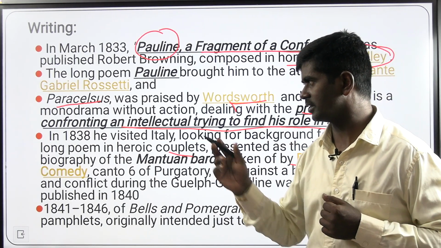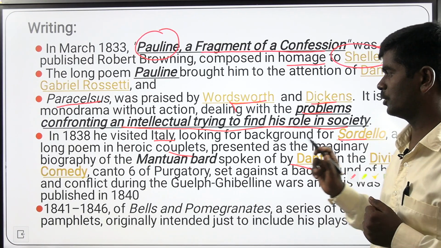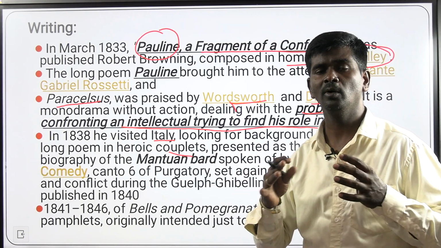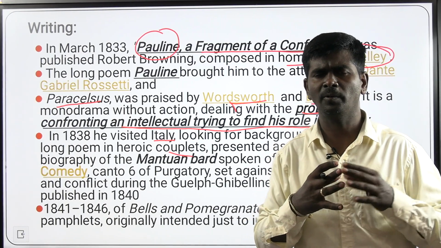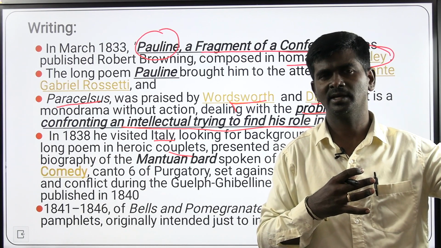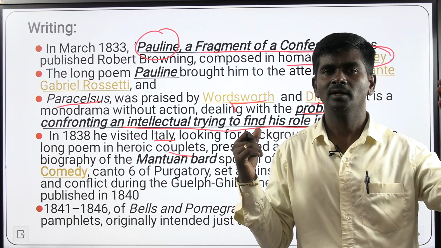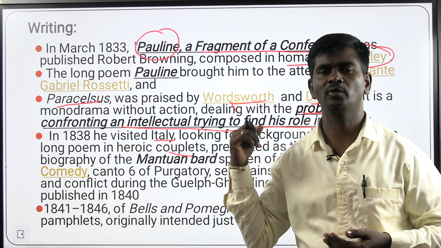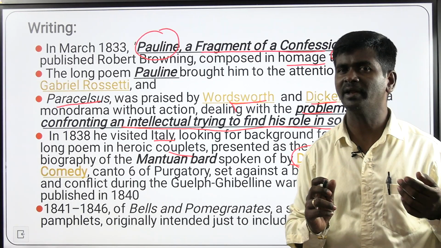In 1838 he visited Italy, looking back, and composed Sordello, and like this Sordello and some of the poems composed by Robert Browning, where he uses history and historical myths as the basis for writing. He uses 14th century Italian history in order to write Sordello, like what Dante used in terms of the Divine Comedy.